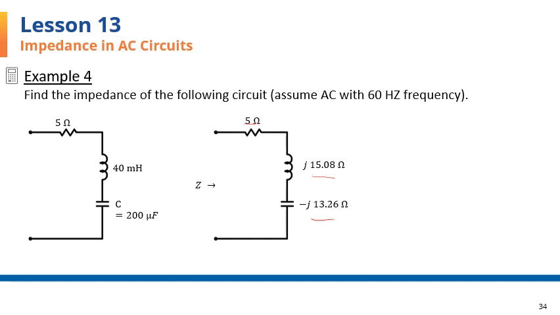We'll add these to get the overall Z. 5 plus this one plus this one, and it simplifies to Z equals 5 plus J 1.82 ohms. In polar form, it comes to 5.32 ohms with 20 degrees as its phase angle.